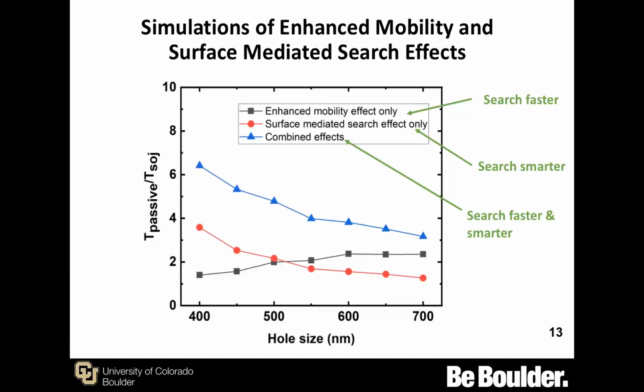What's the difference if it just searches inside of the cavity or searches around the boundaries? And here's the result. If we look at the 500 nanometer hole size again, we found the difference between the passive particle and this simulation result is about 5 times, which is exactly what we were looking for previously.